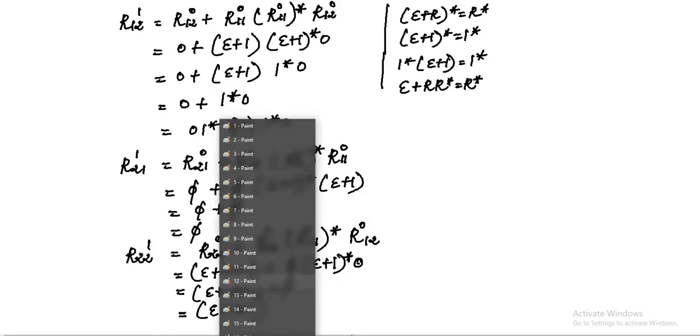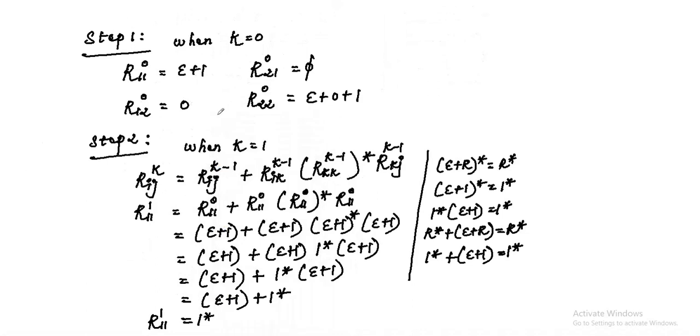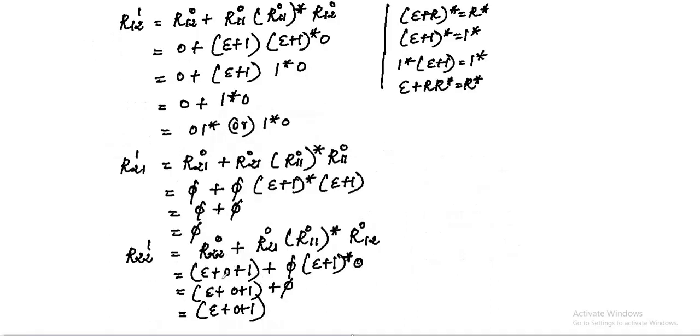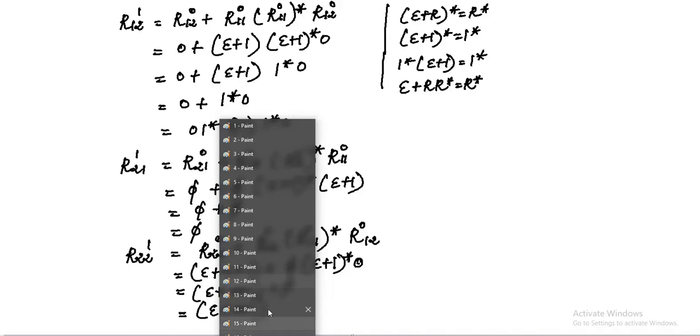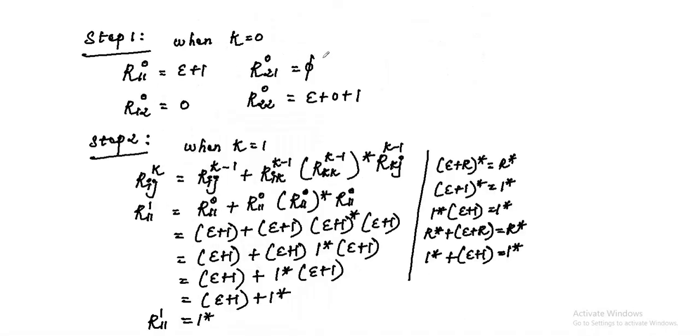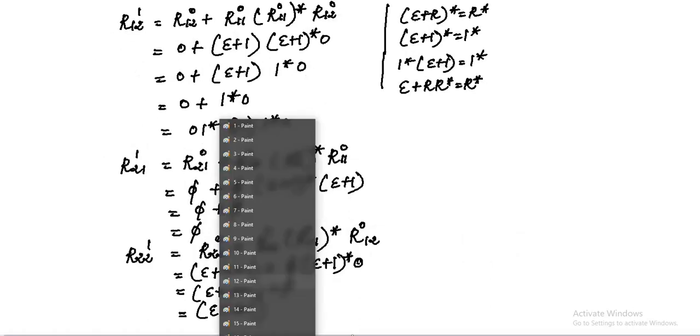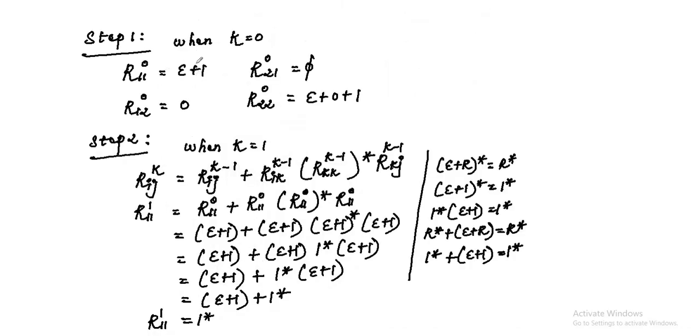Look at the first step. In the first step, we already written R22 raised to the power 0 is epsilon plus 0 plus 1. Here you write epsilon plus 0 plus 1. R21 raised to the power 0 is null. Here you write null plus R11 raised to the power 0, epsilon plus 1.